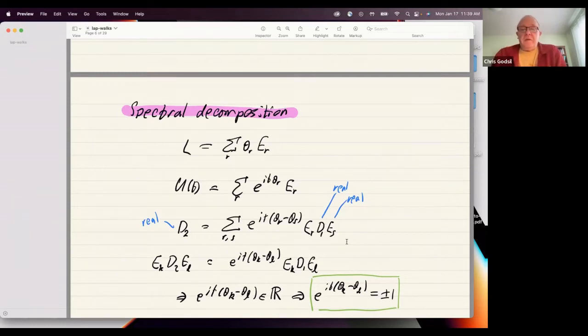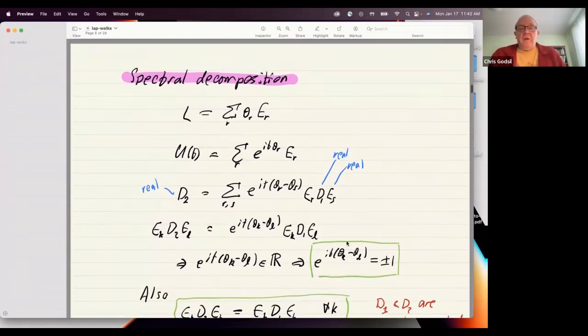Now, the thing to notice is that because our Laplacian is a real matrix, the eigenvalues are real, and the spectral idempotents are real. So there are 4 matrices on that line, and each of those matrices is real. Now, what I'm going to do is multiply this on the left by E_k and on the right by E_l, and I get this equation.